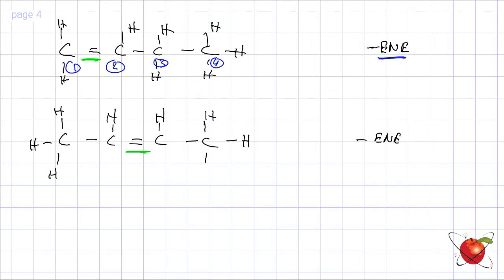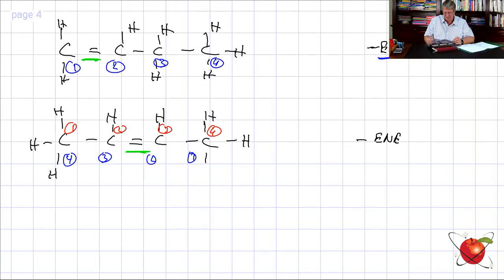So I say here, does it matter if I label it this way or label it the other way? No, it is symmetrical at that point. In other words, if I turn that 1, 2 around, it's the same. The functional group, the alkene, is in the middle, so it doesn't matter which way it goes.